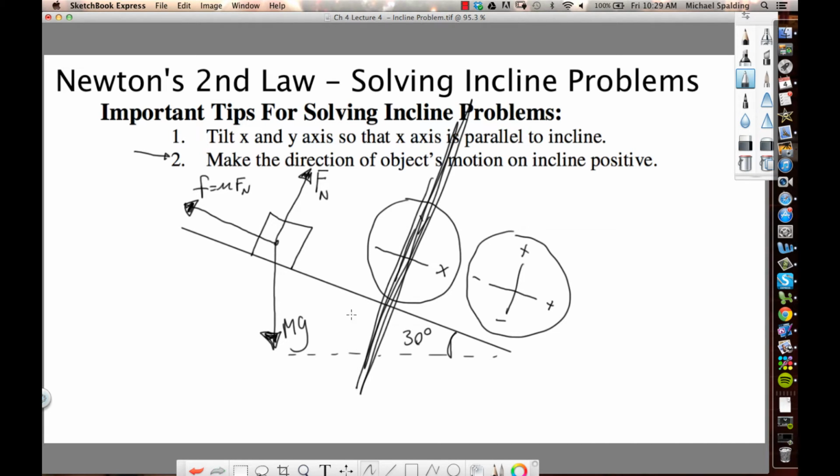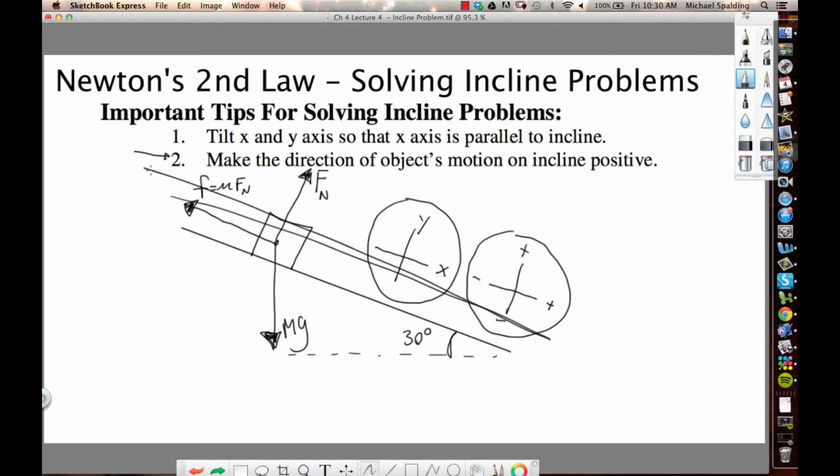Y. See that? The normal force is perfectly Y. That's going to be easy when we sum the forces. Okay? Now look at friction. What do you notice about friction that's really nice? Perfectly X. Friction is perfectly X. So that's going to be really easy when we sum the forces.